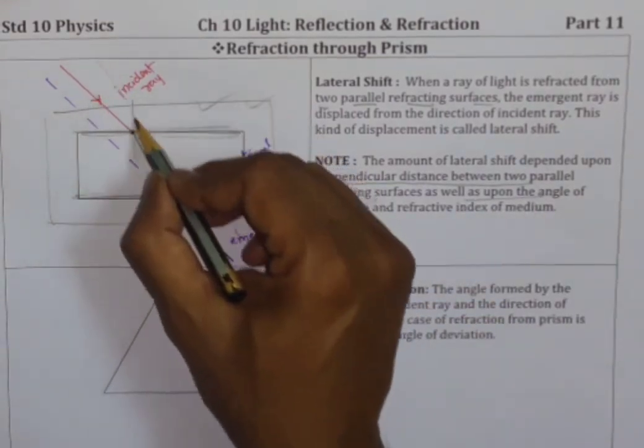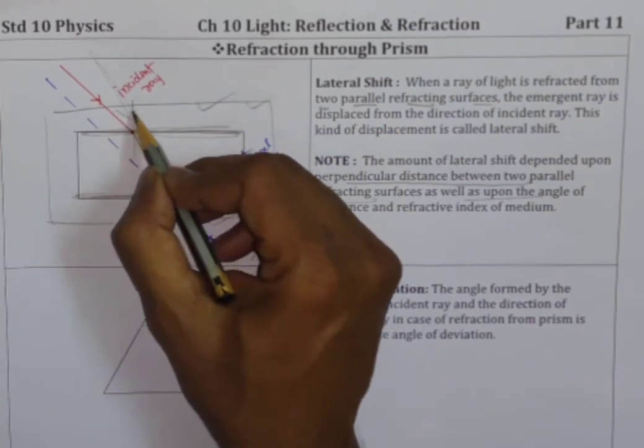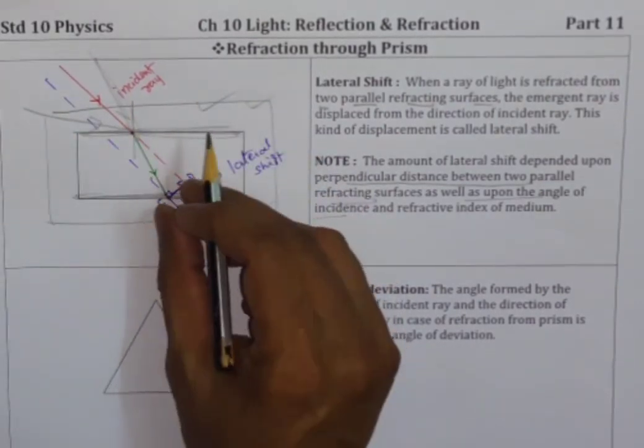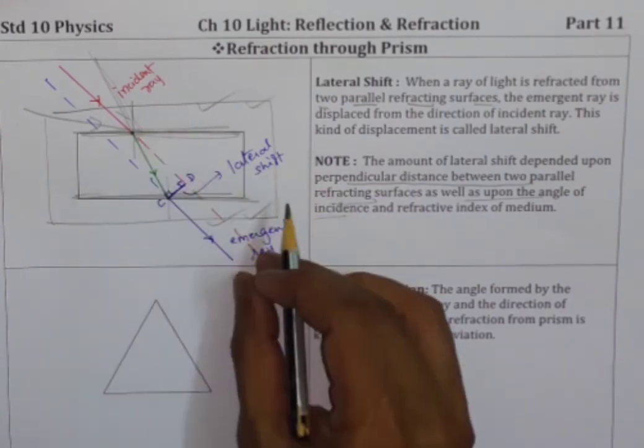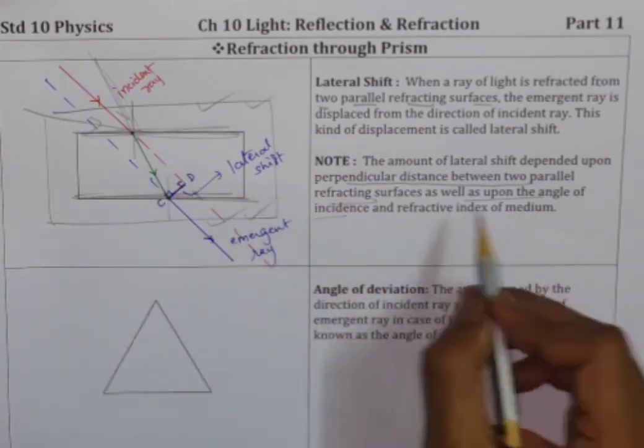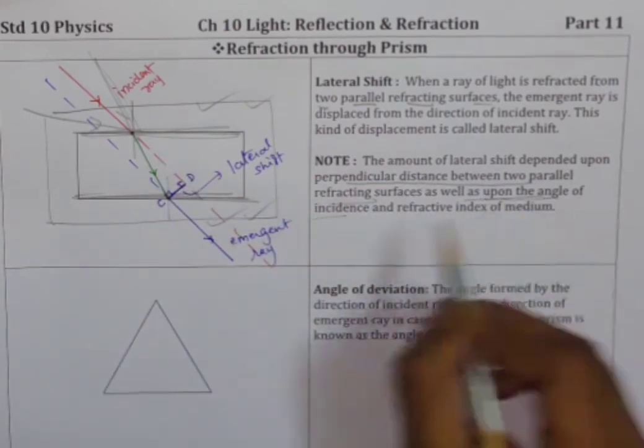As you change the angle of incidence, the distance between the incident ray and the emergent ray also changes. So that is the second factor, the angle of incidence.